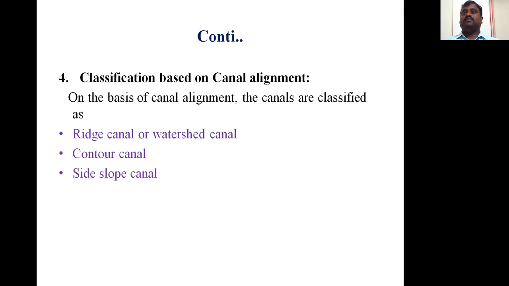Next is classification based on canal alignment, and on this classification, canals are classified into three main categories. That is, first one is ridge canal, or sometimes it is also called as watershed canal. Second one is contour canal, and third, side slope canal.